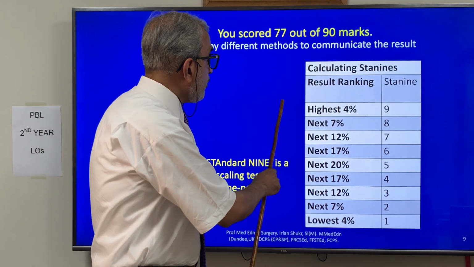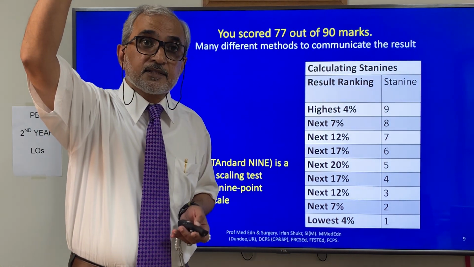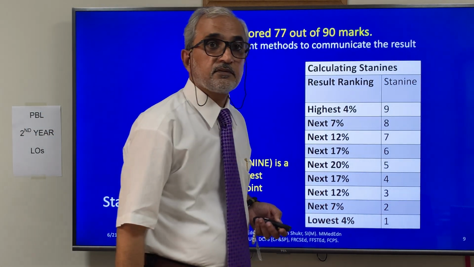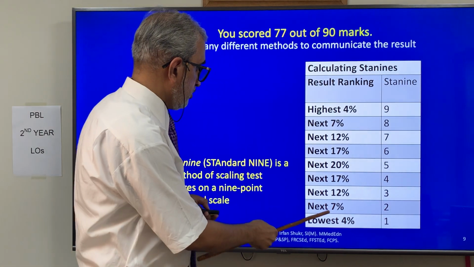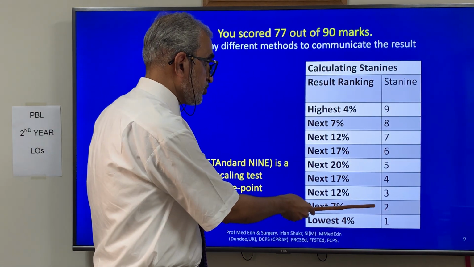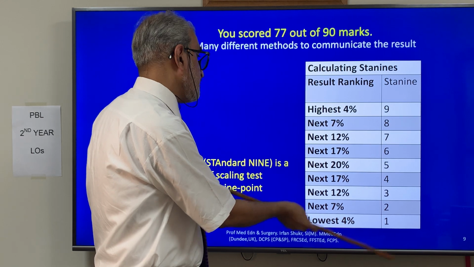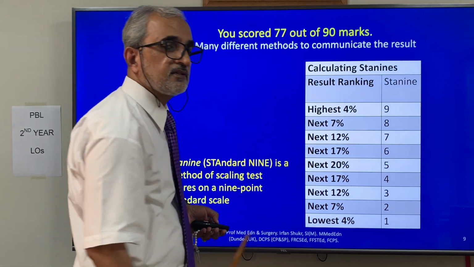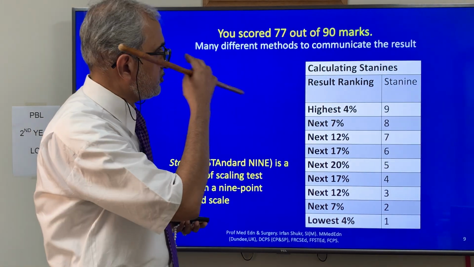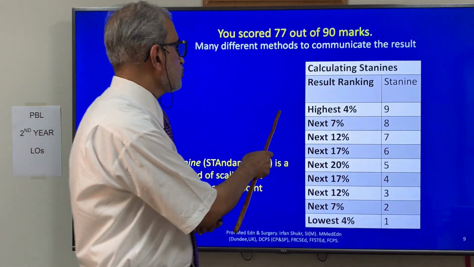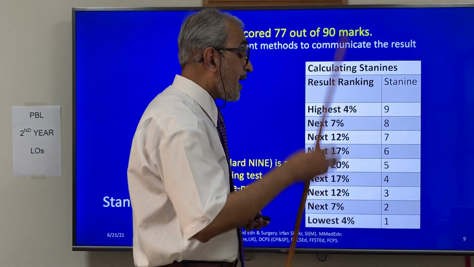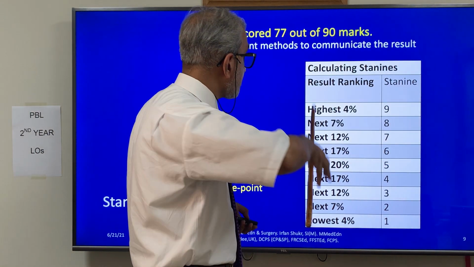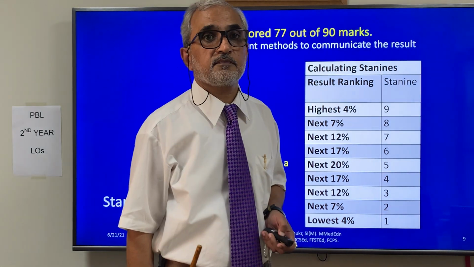And those 4% of students who scored the highest numbers would be Stanine 9. The next 7% are Stanine 2, the next 12% are 3, the next 17% are 4, and the next 20% are 5. If you want to put it the other way, those who scored the highest 4% get 9, and after the highest 4%, the next 7% get Stanine 8.